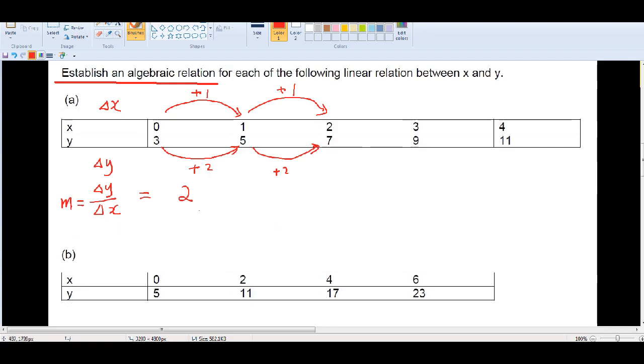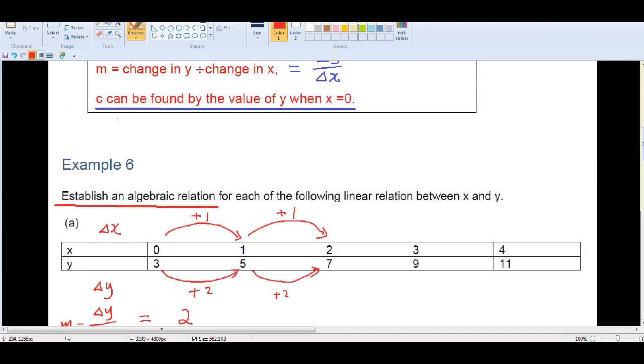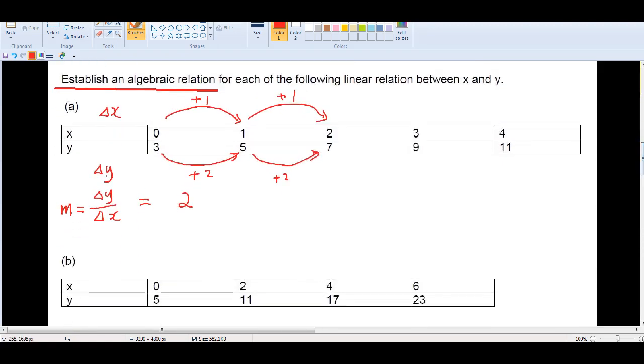How about c? Remember, c can be found by the value of y when x equals 0. When x is 0, y is 3, so c equals 3. Therefore, we have y equals 2x plus 3.